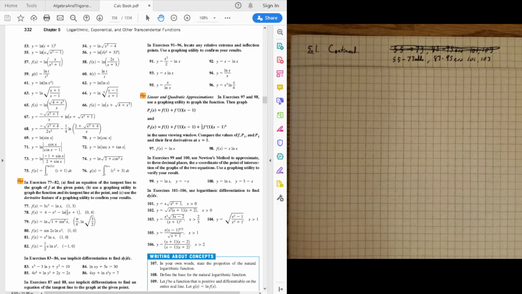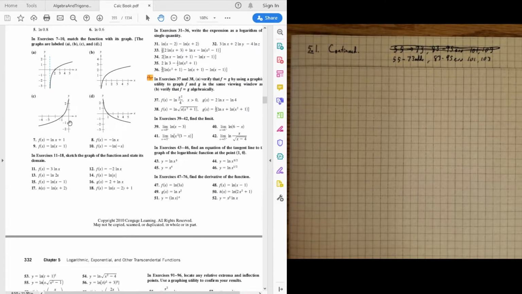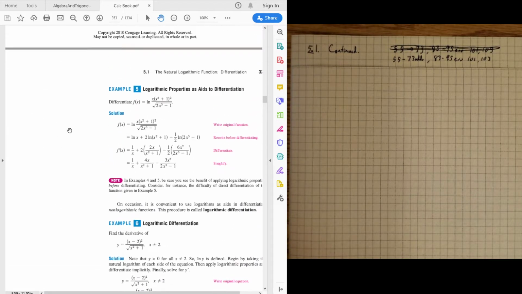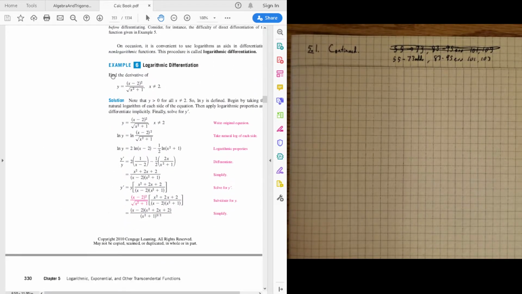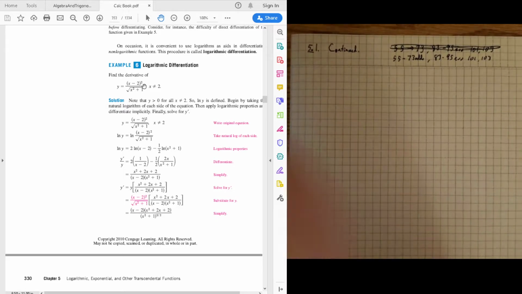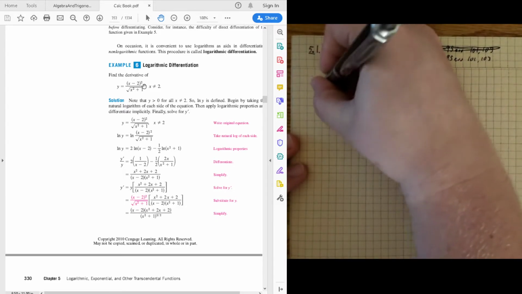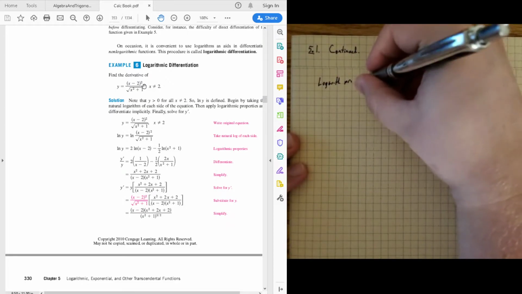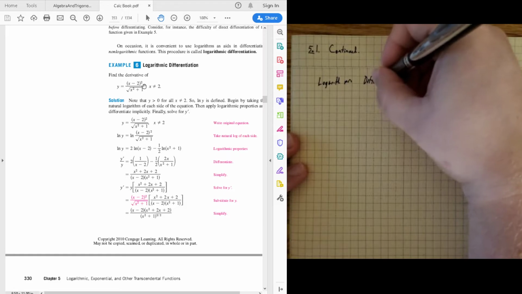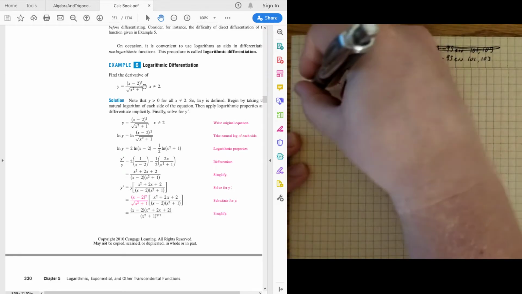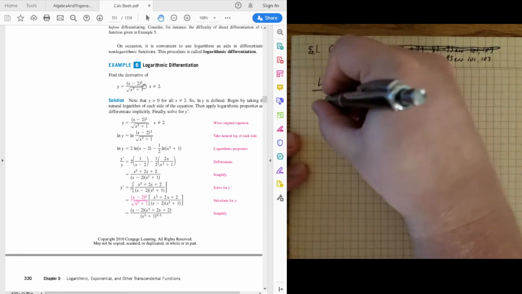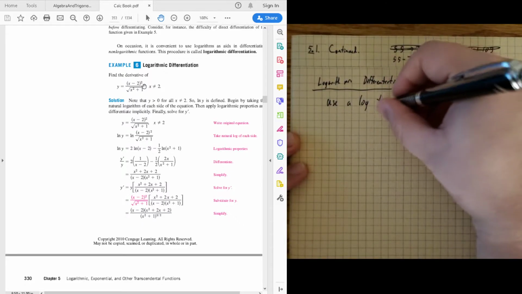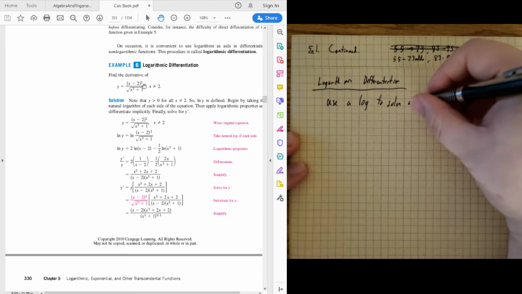So in our notes and in the text, let's go back up. And we are actually right here. Example 6. Logarithmic differentiation. The idea here is you can use a log to solve a more complex problem.